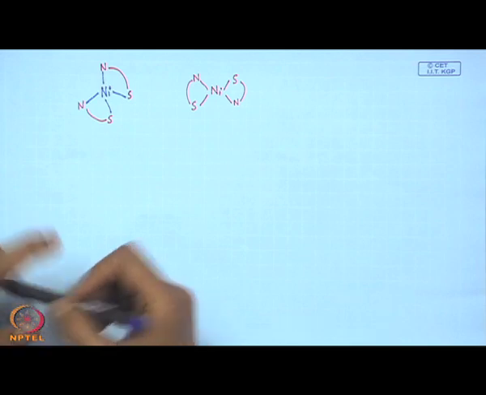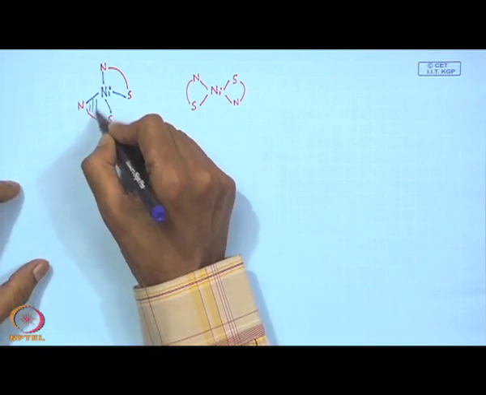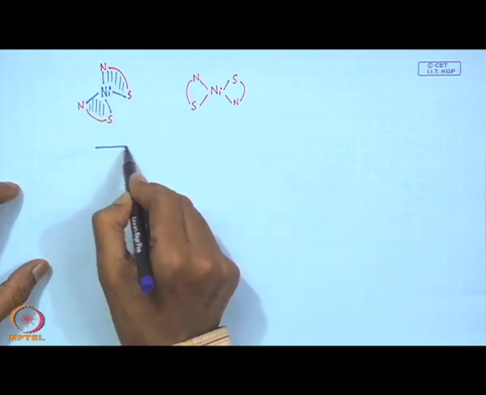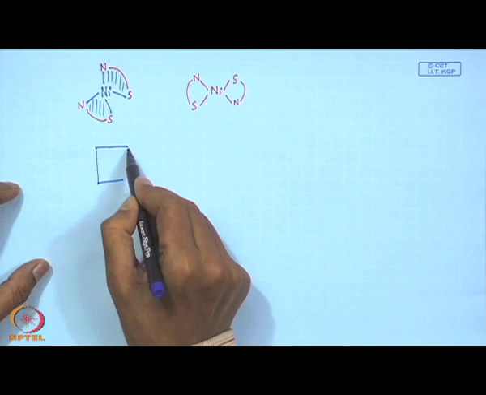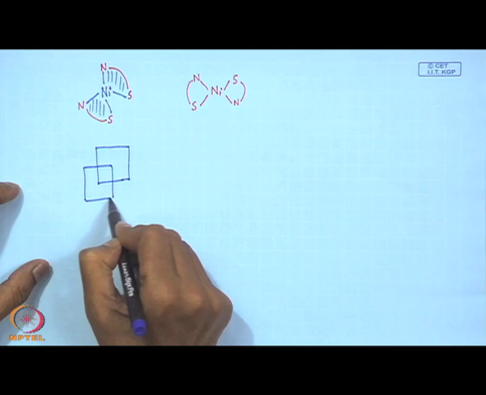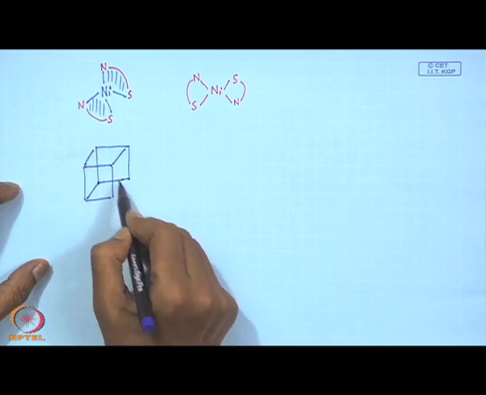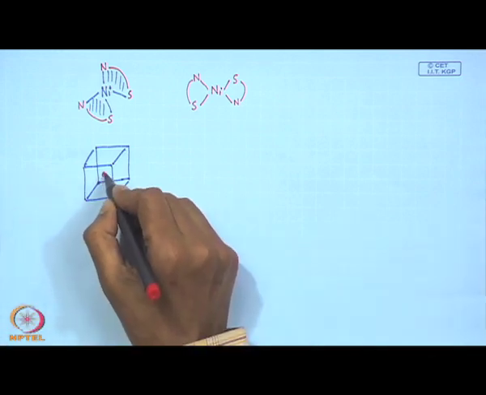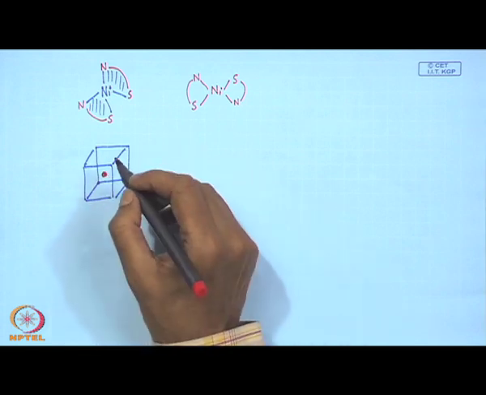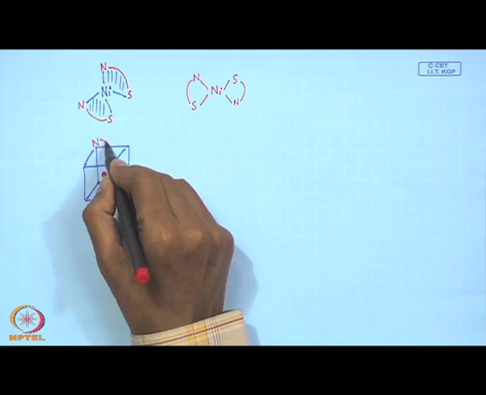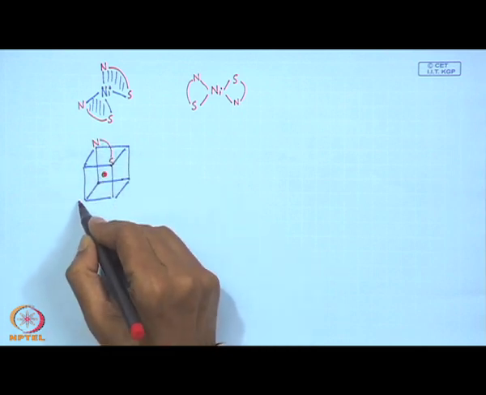So, we see that these two coordinating planes, when we consider them within a cube, have the nickel sitting at the center of the cube and these alternate corners occupied by these groups.